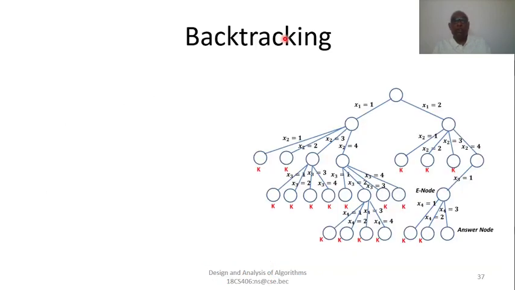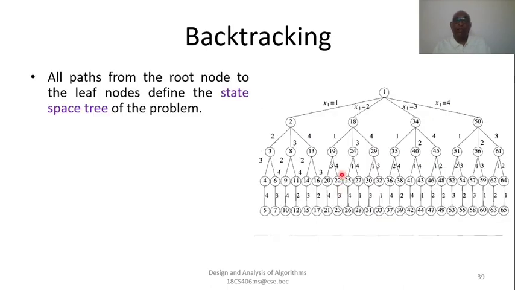Now let's look at some more terminology associated with backtracking. These terms should be clear and obvious because you have already seen how backtracking works in solving the four queen problem. All paths from the root node to the leaf nodes define the state space tree of the problem. This is the complete state space tree.